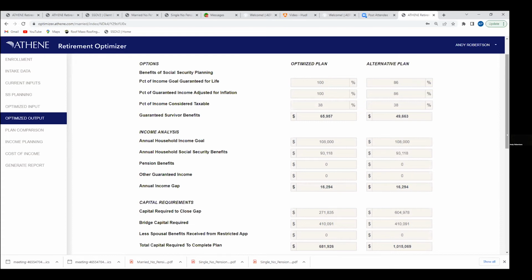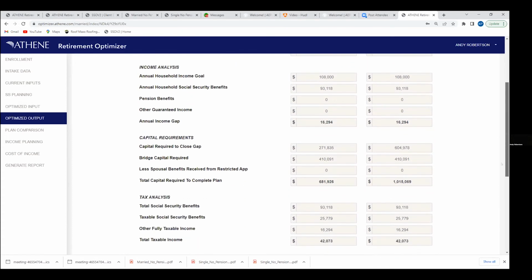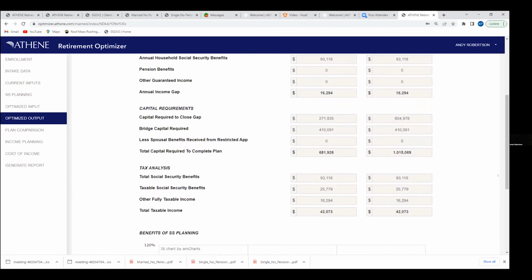The real magic here is this: the capital requirement. Again, this is where we make a difference. The only difference between these two plans from a capital perspective is driven by strategy, right? So if I use an asset allocation approach to deliver the $16,294 needed to meet the total income goal, I need 1,015,000.